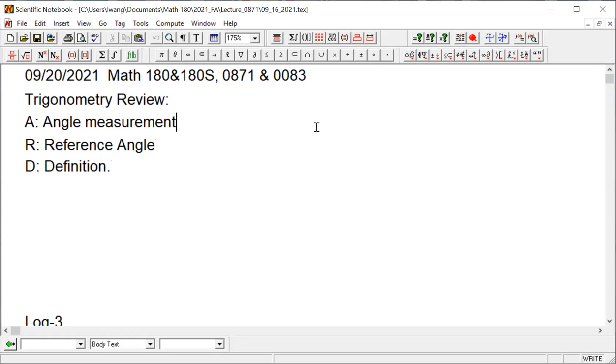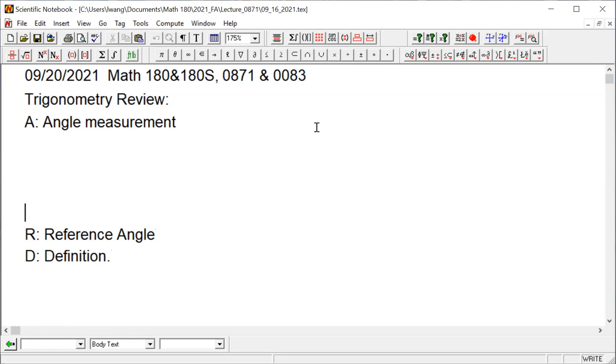Take the right triangle, for example. Trigonometry basically takes those triangles, those geometric shapes, especially triangles, and brings them into a rectangular system.